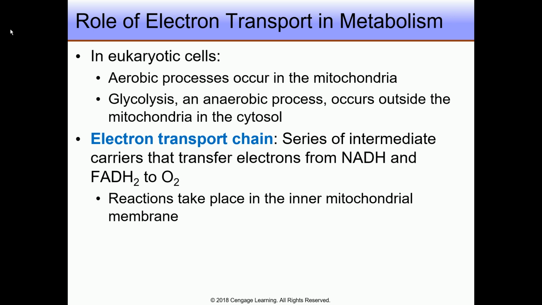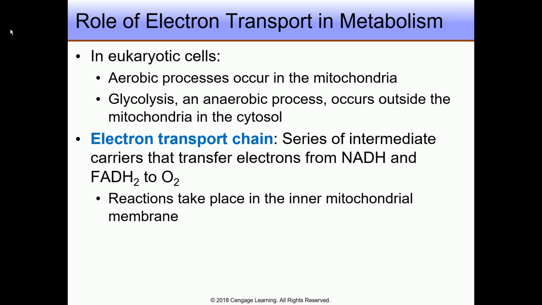So there are more protons concentrated in the intermembrane space, which is the space between the outer membrane and the inner membrane of mitochondria, and then the protons fall back through another protein, an enzyme called ATP synthase, and that results in the formation of a lot of molecules of ATP.